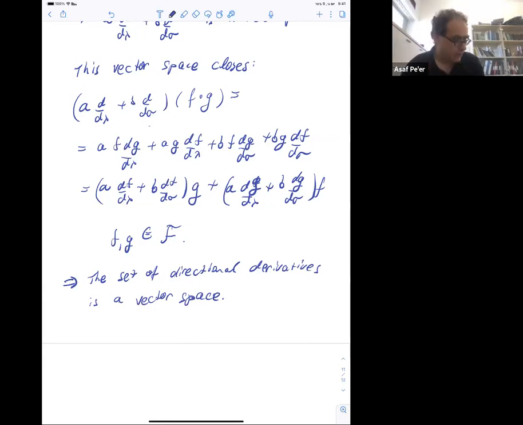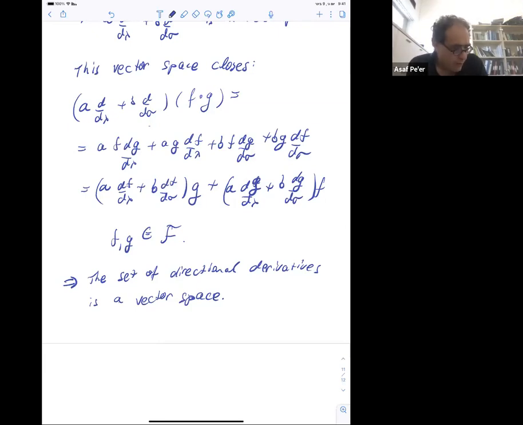Okay. And then the second question is, can we identify this vector space as the tangent space? Of course, yes. One way is to find a basis for this space.